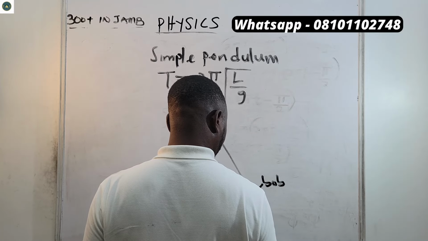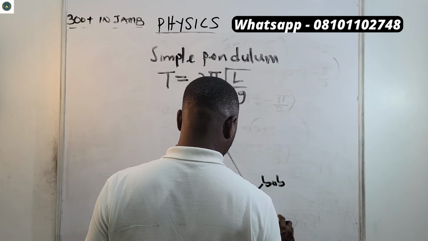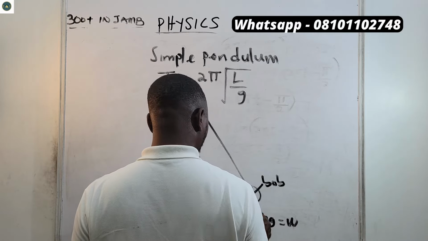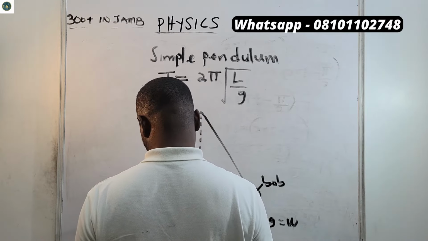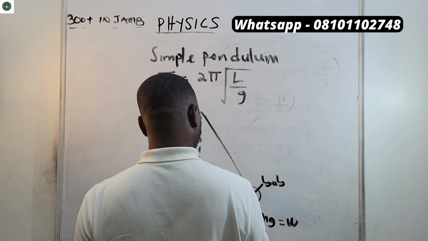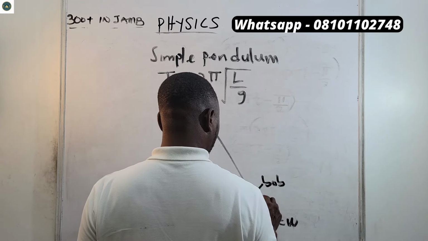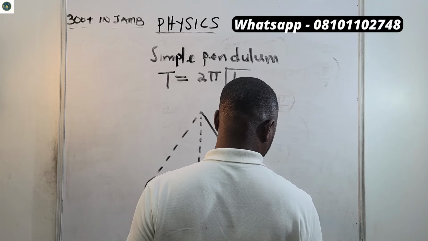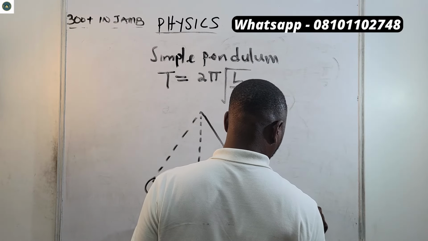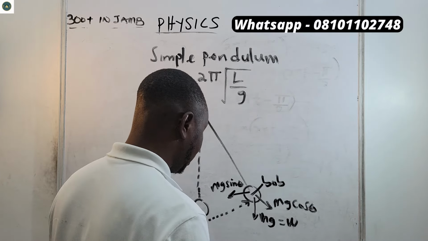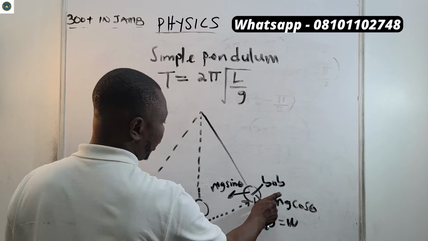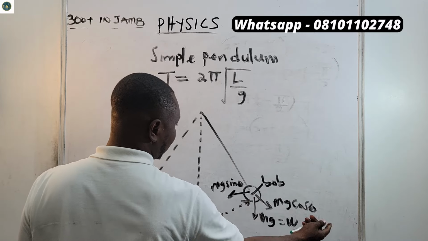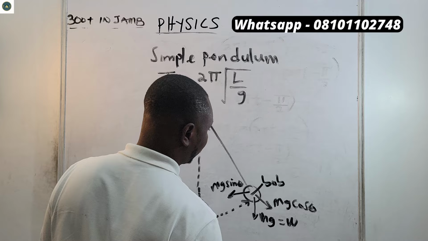The weight of the bulb is acting downward, and mg equals weight. I have a parallel force and a perpendicular force. The weight of the bulb has two components, one parallel to the plane and one perpendicular.